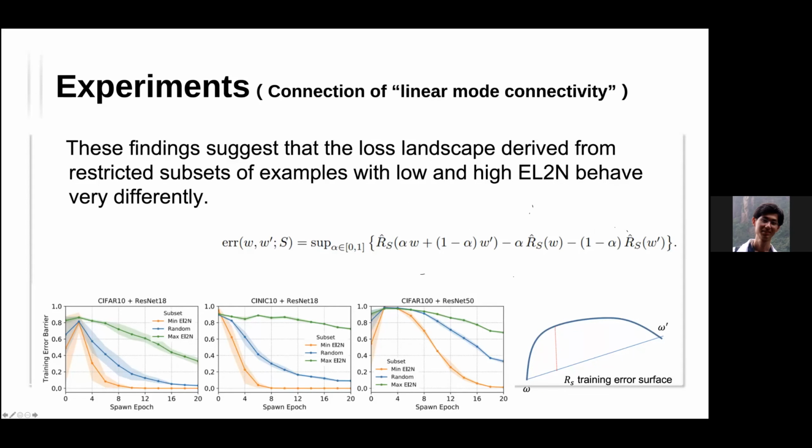If it is trivial samples, it moves slower, but if informative samples, it moves faster. So if you use the maximum value samples, it would go far away from that linear mode, right? Because the y-axis is the error barrier.